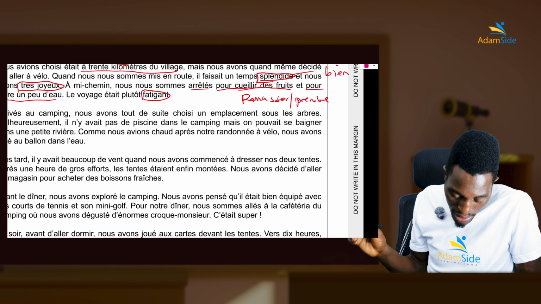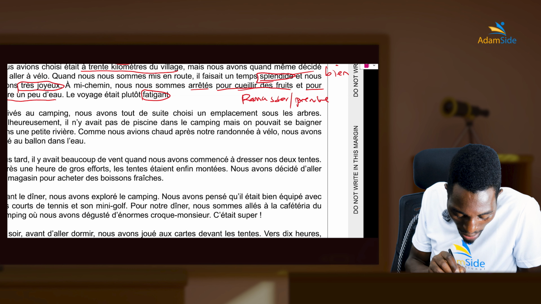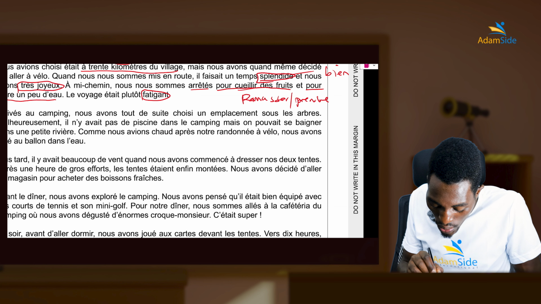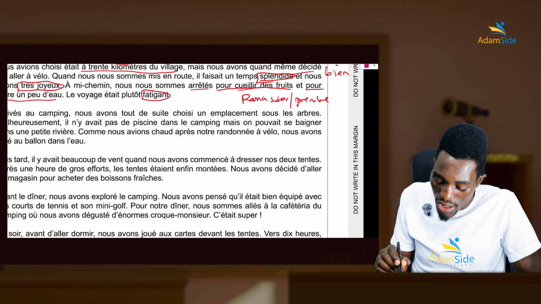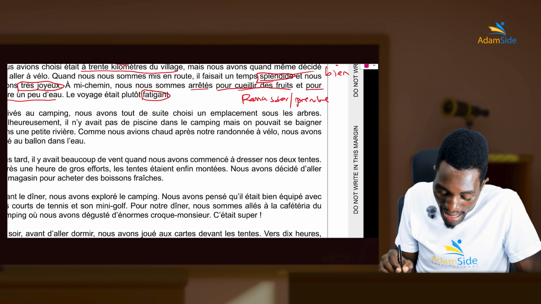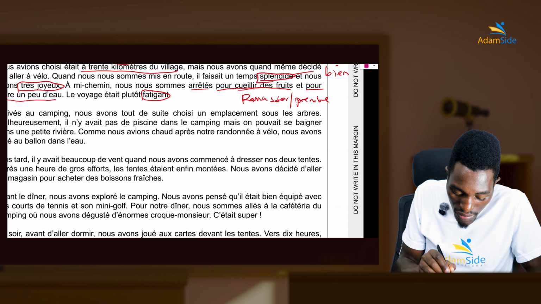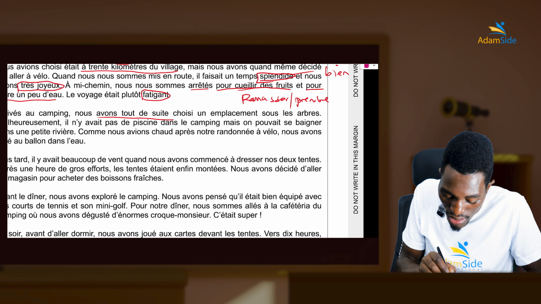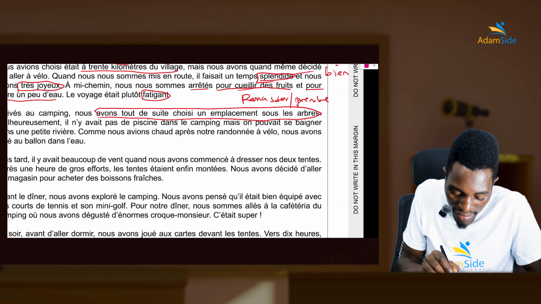Here it's not talking about what they did after arriving. Arrivé au camping, arrived at the camp, nous avons tout de suite choisi un emplacement sur les arbres. So what they did is, ils ont tout de suite choisi un emplacement. So this is the answer.